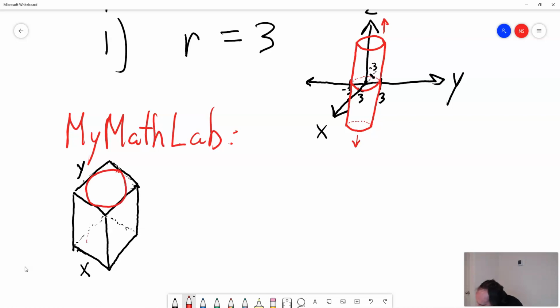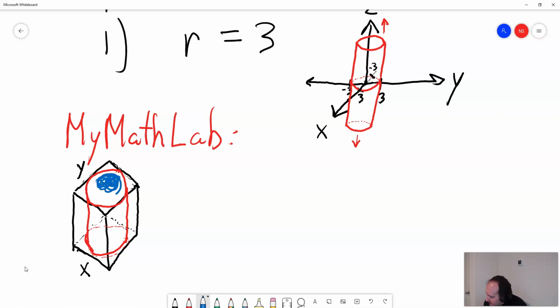Okay, so let me try to do that. So their graph is actually going to look something like this. And then they kind of shade it in. So I'll shade it in.